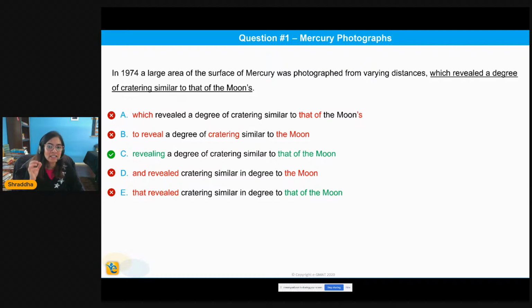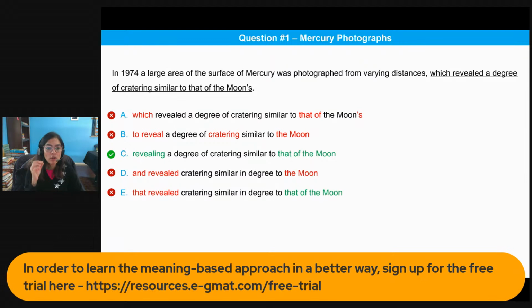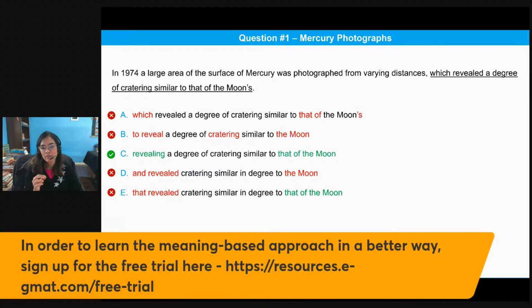The original sentence is there to communicate the meaning that the author of the sentence wants you to understand. This is the communication piece that's coming from the author. And so, when we talk about understanding the meaning of the sentence, it has to come from the original sentence. And that's why we tell you to spend all that time with the original sentence so that you understand the meaning.